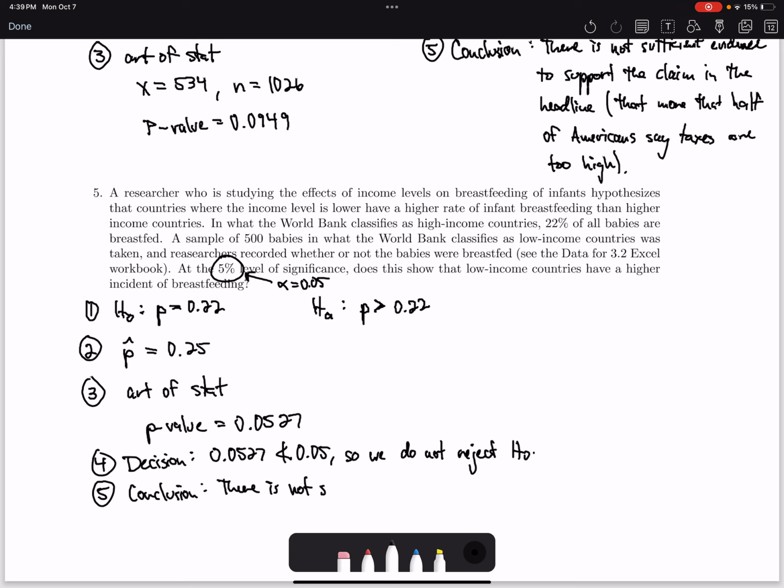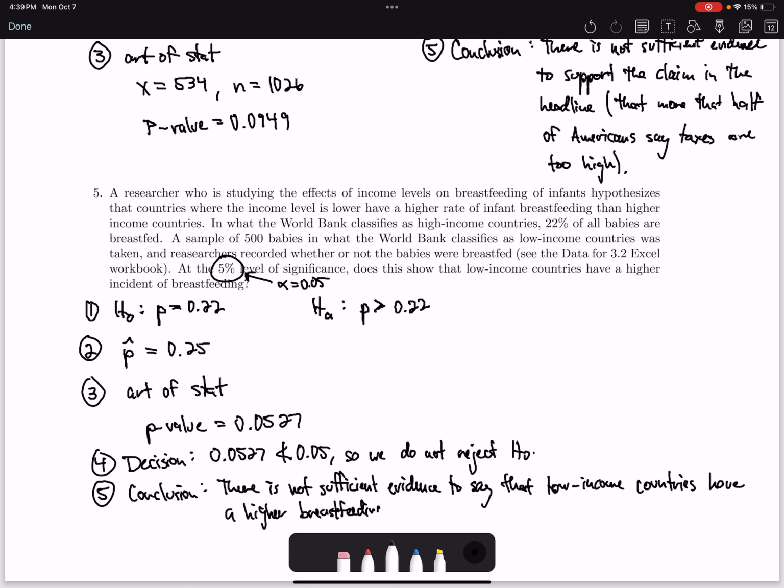There is not sufficient evidence to say that low-income countries have a higher breastfeeding rate than high-income countries.